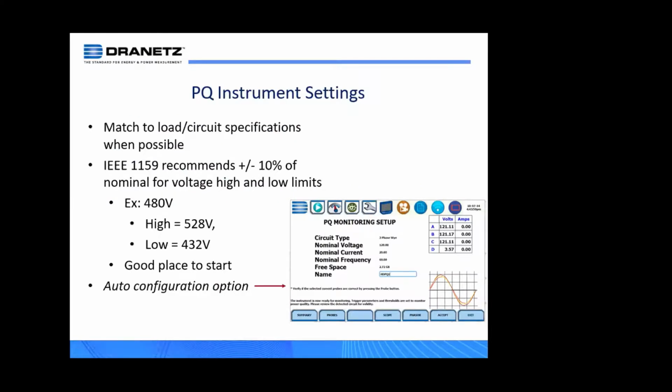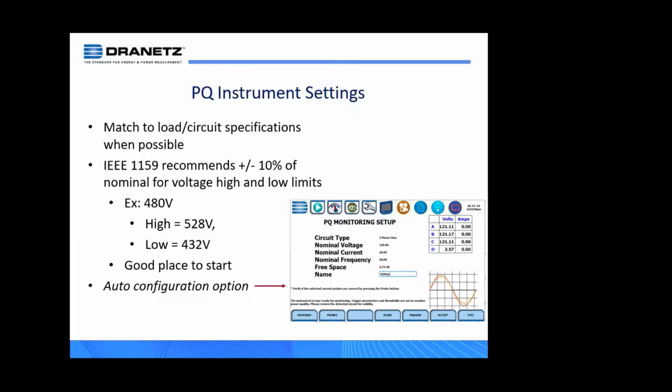Here's an example of setting the instrument settings. And again, as I stated earlier, if you can match the load specification, that'll be the best scenario. A lot of times you can't find the nameplate information. So a good fallback would be using the 10% rule.